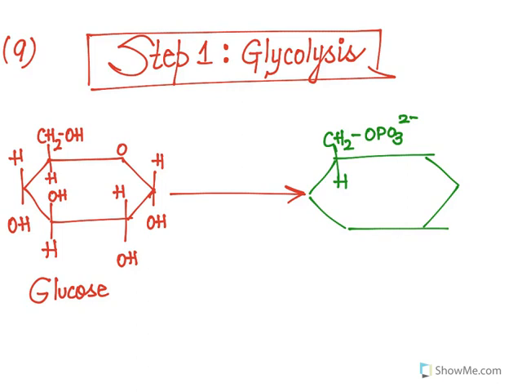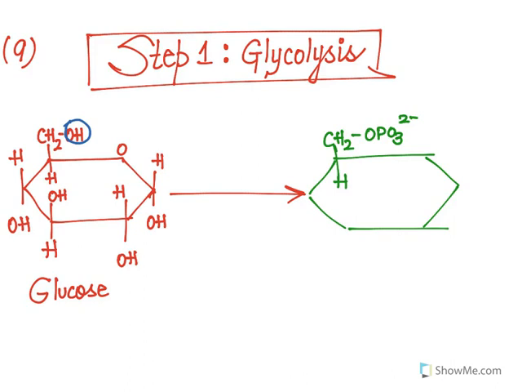Now we will take a look at step 1 of glycolysis. In step 1, we are going to look at the chemical formula of glucose. In the chemical formula of glucose, you can see here that we have a hydroxyl group. After this first step is over, the hydroxyl group is replaced with a phosphate group. That is what you need to remember for the first step.